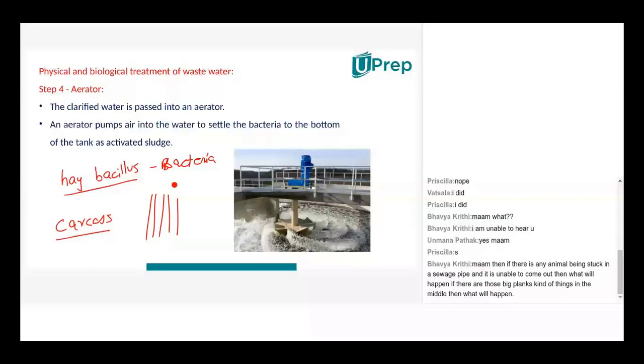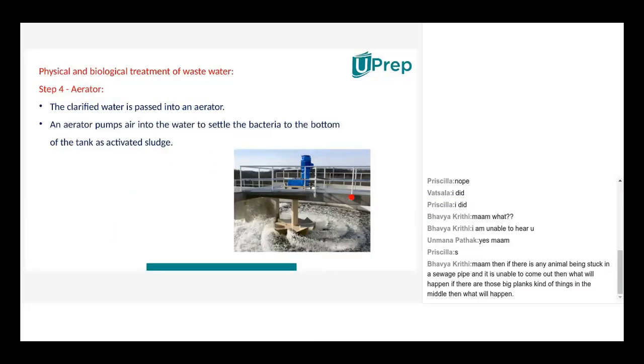So nothing. It will get stuck at the bar chamber, at the first chamber only. And anyways, that bar chamber area is being cleaned to remove all those big particles. So if the animal is still alive, they will remove the animal from there. Okay, ma'am. Yes, ma'am.